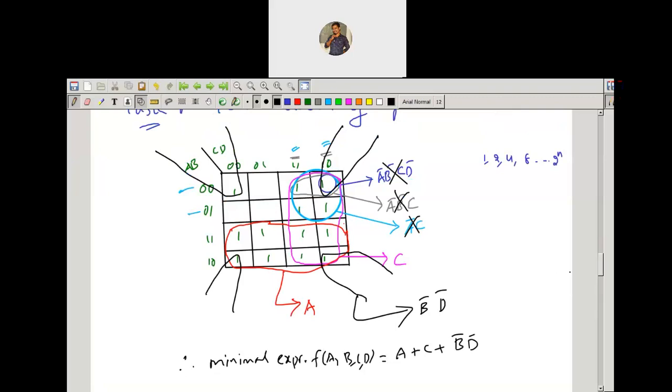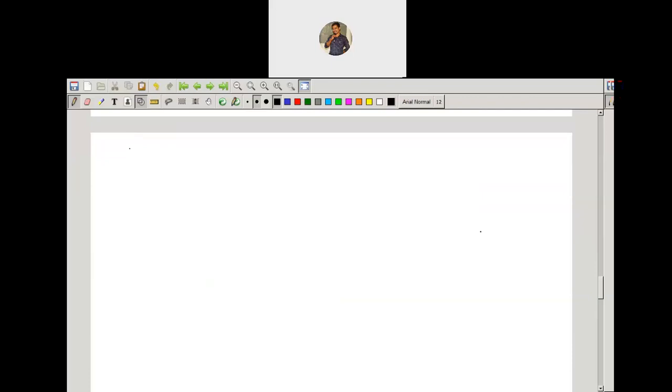There's a thing you have to do while you're doing the K map problems. We'll do some small problems here so that you'll be perfect in the K maps.